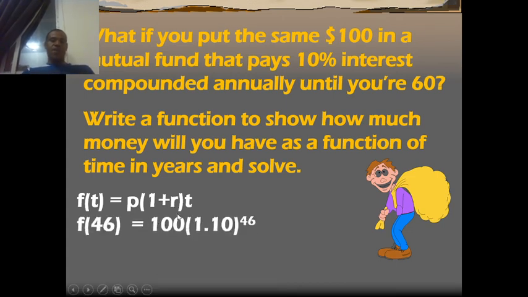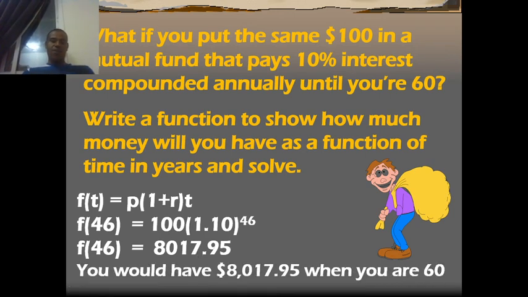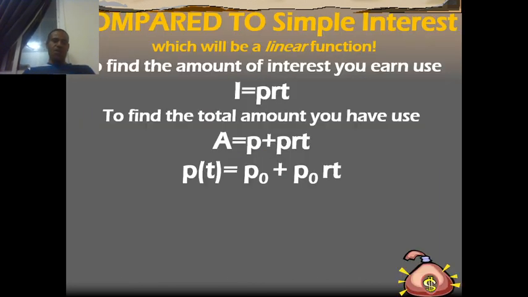We assume that your age is 14, so f of 46 will be 100 multiplied by 1.10 to the power 46. It will be $8,017.95. This is the amount that you will get when you are 60 years old.